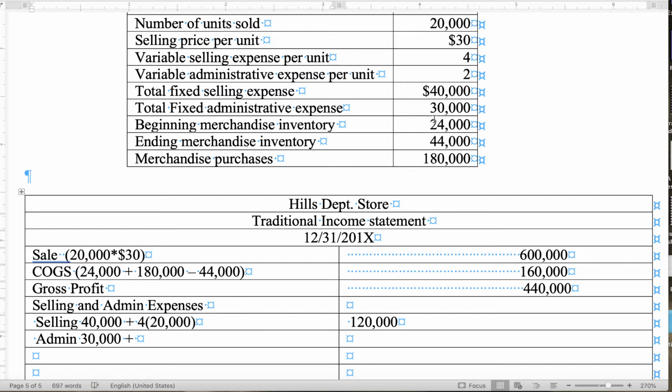Well, I know that the variable administrative expense per unit is $2 times the quantity, 20,000, ends up giving me what? $40,000 in total variable expenses. To figure out what the total admin expense is, I need to add the fixed plus the variable. 30,000 plus my 40,000 gives me $70,000.